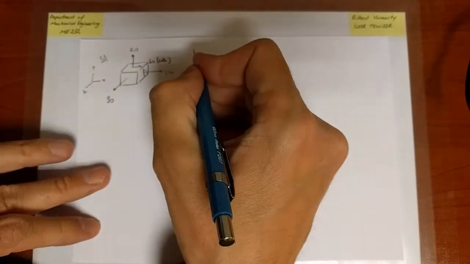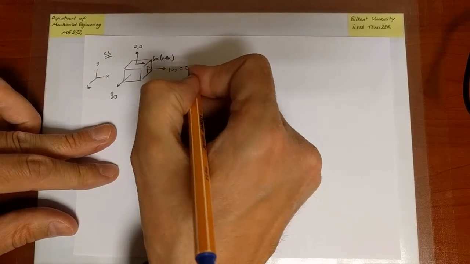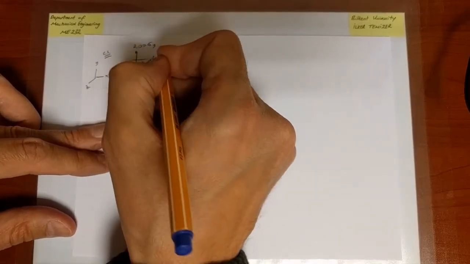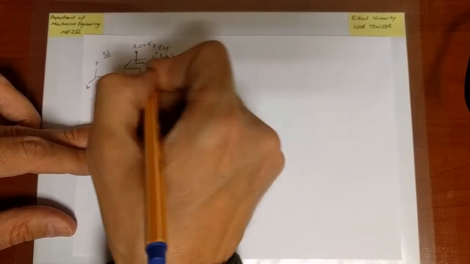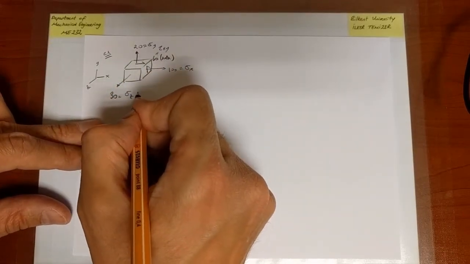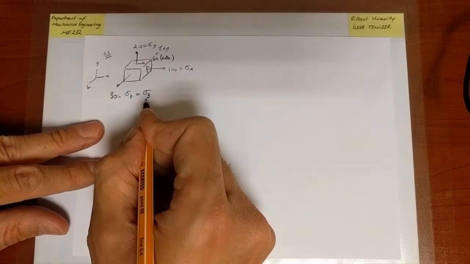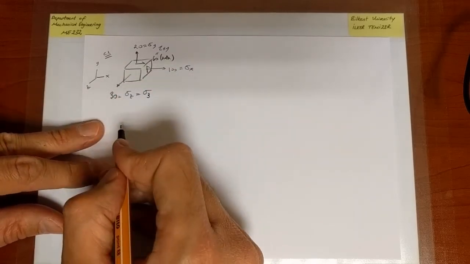Okay, good. So now what I know is that I don't have to write this explicitly, but I do see that this is automatically sigma x, this is sigma y, and this is tau xy. The directions are default, and this is sigma z, and I see that it is simultaneously the principal stress sigma 3 because there is no shear stress here.